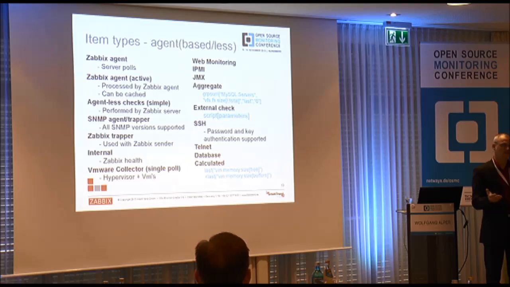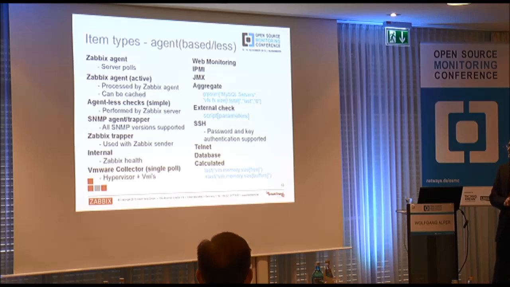So if you were asking for 30 metrics this way, then you would have done 30 VMware API calls, which really slows down the VMware server instance. So this works with a single poll: the collector gets the information, stores it locally, and when you define items that would like to get access to it, they get it without asking VMware again.